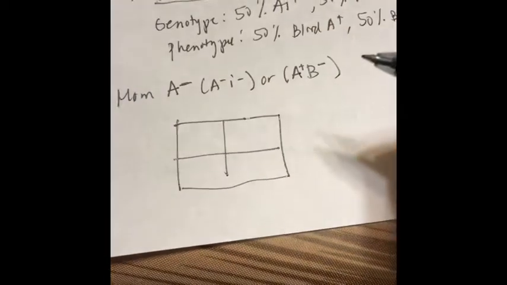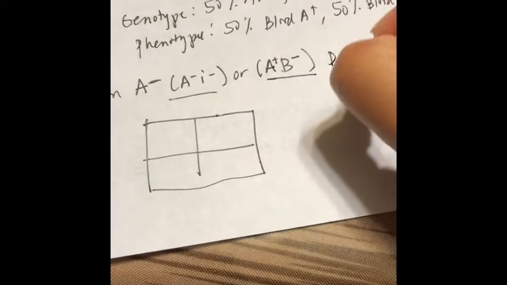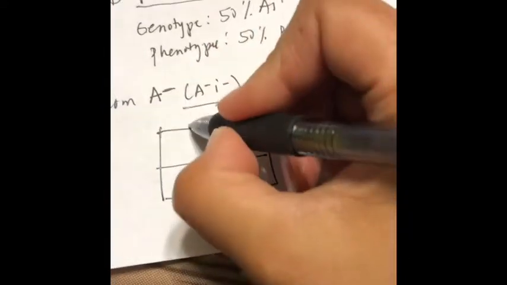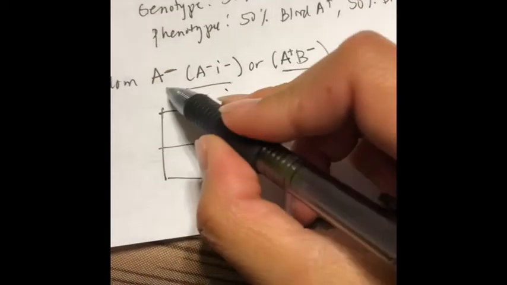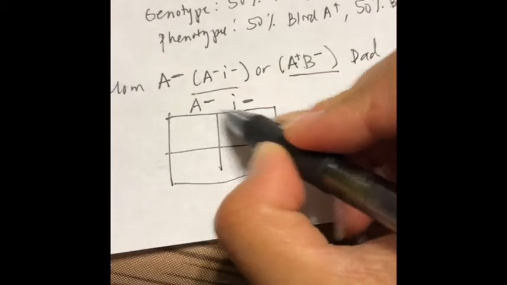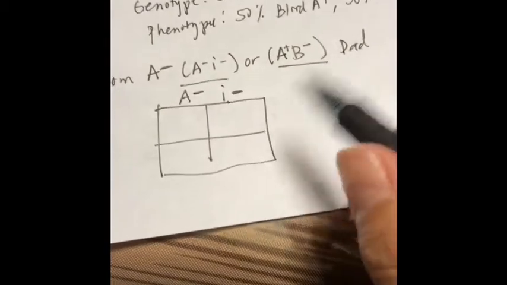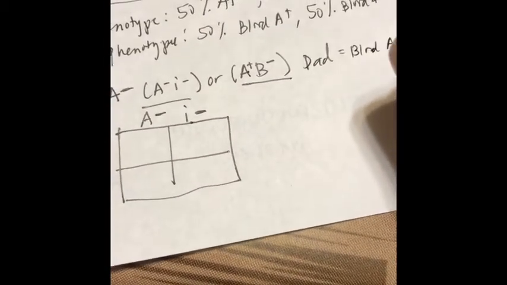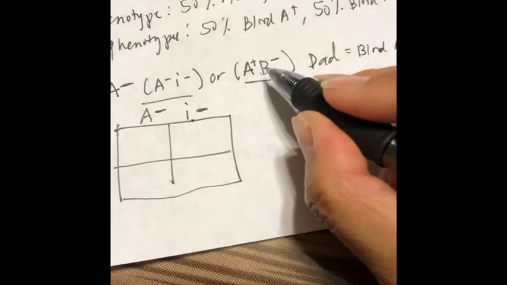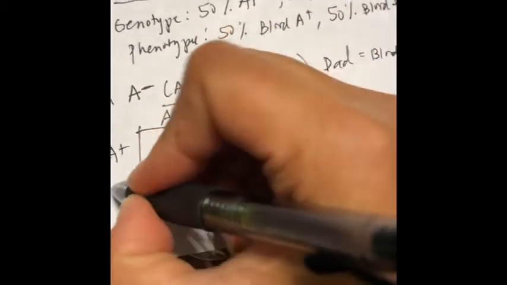What would the outcome of the cross be? So we put these alleles and these alleles. This is dad. So AI minus, I minus for blood type A negative. Both have to be negative to be negative. This one is actually a blood type AB positive still, even though they're heterozygous.